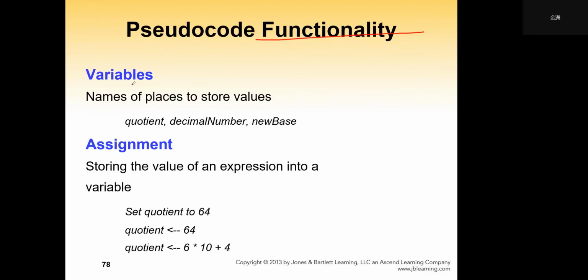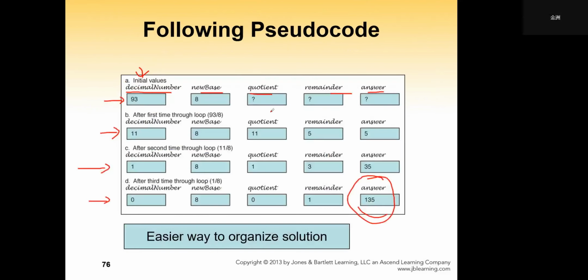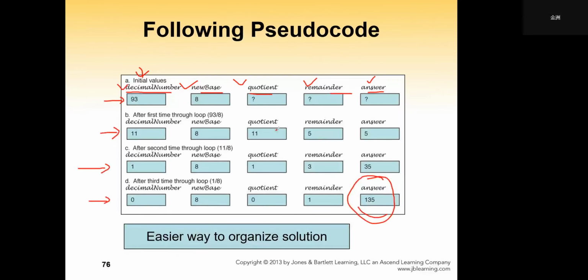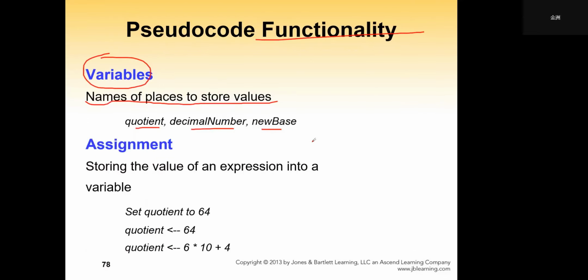You may find in this pseudocode representation we have some functionalities. First, we have some variables. We can define some variables to store some values. The variables are the names of places to store some values, for example in this example. And then we need to assign, right?